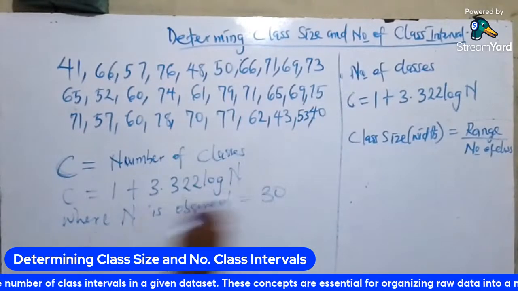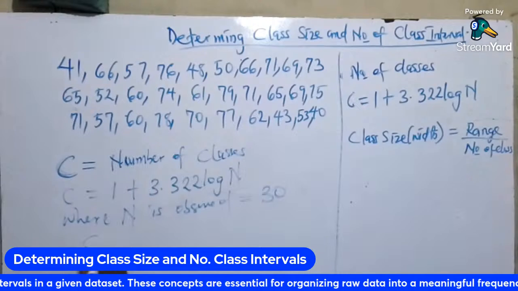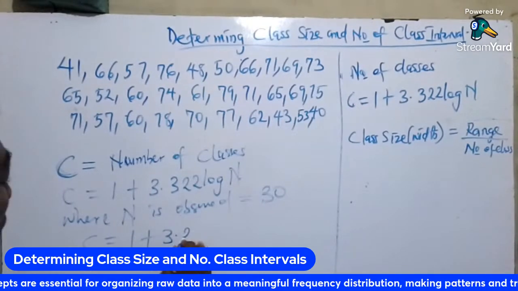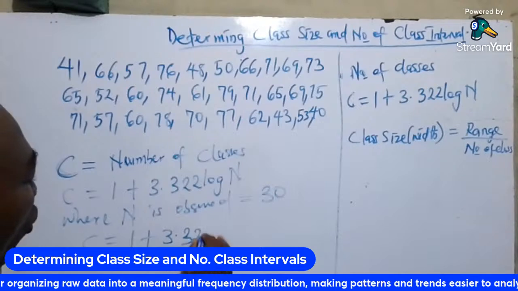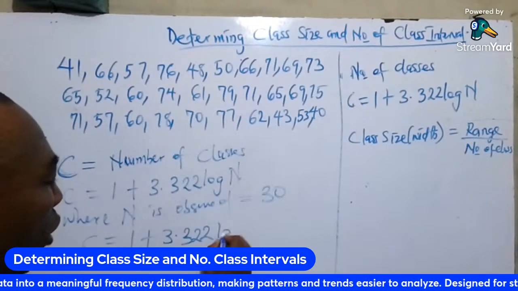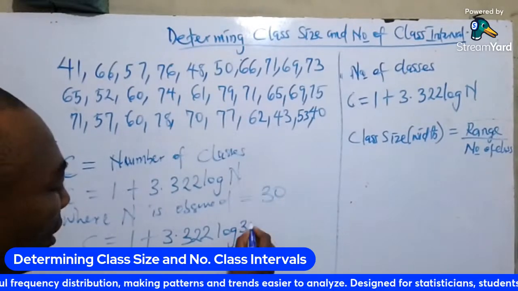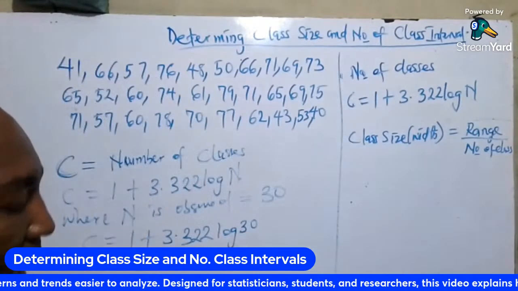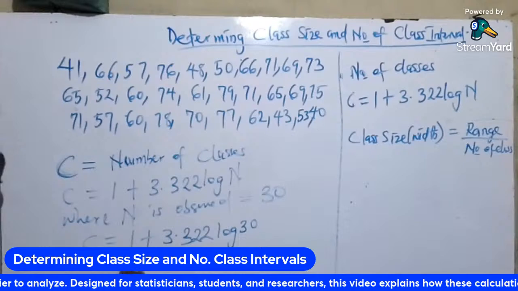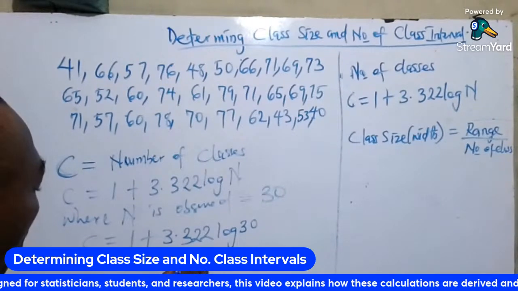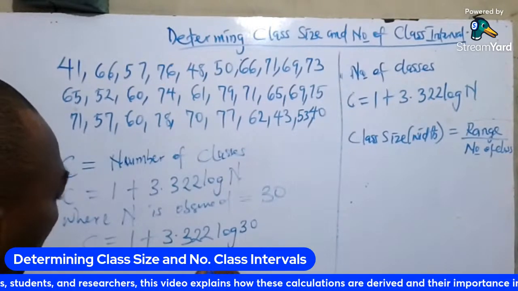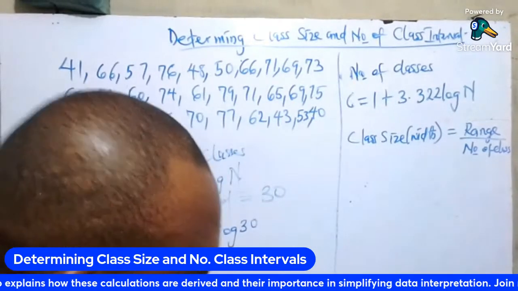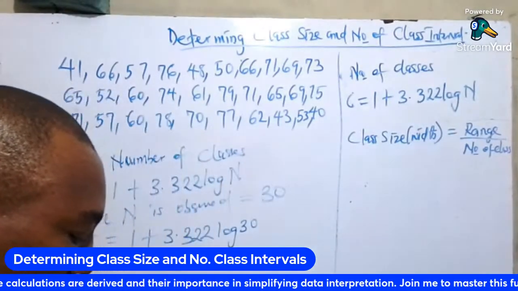Since my observed value is 30, I'll say my C equals 1 plus 3.322, a constant value, times log n, and my n is 30. So I will go to my four-figure table and check log 30, or you press your calculator. So C equals 1 plus 3.322 multiplied by log 30.